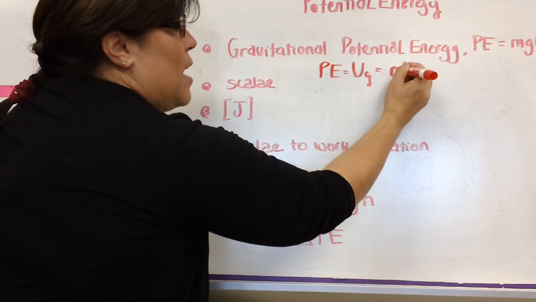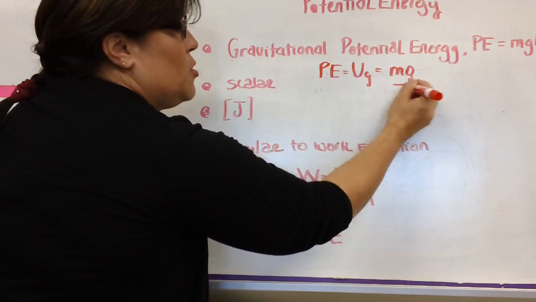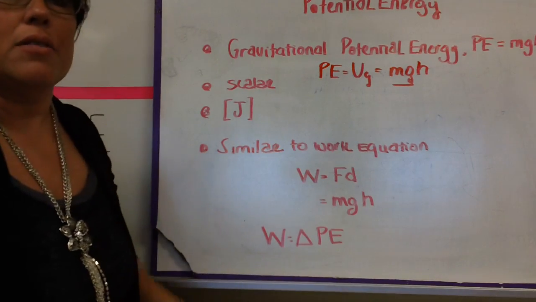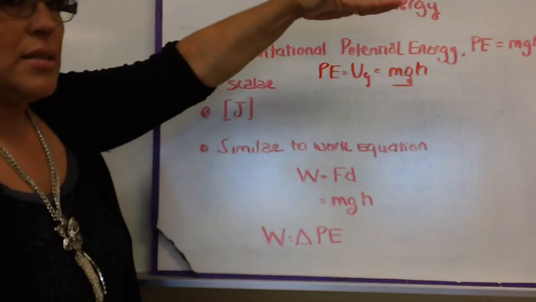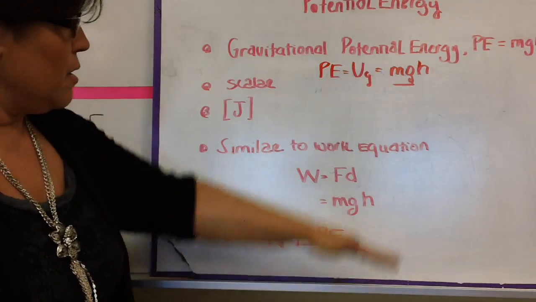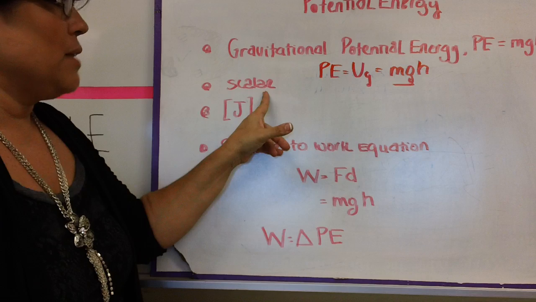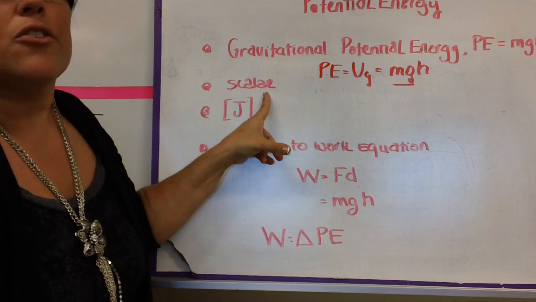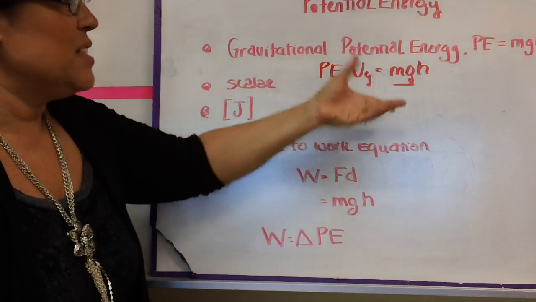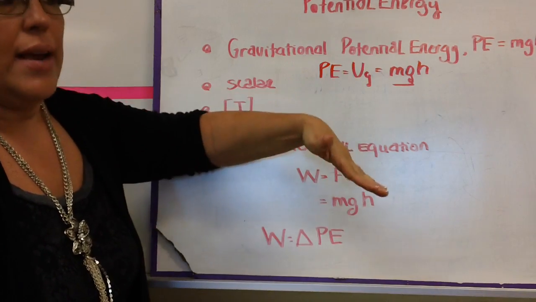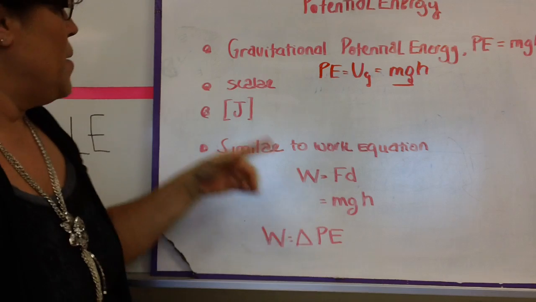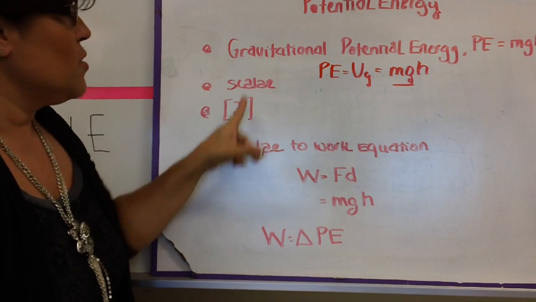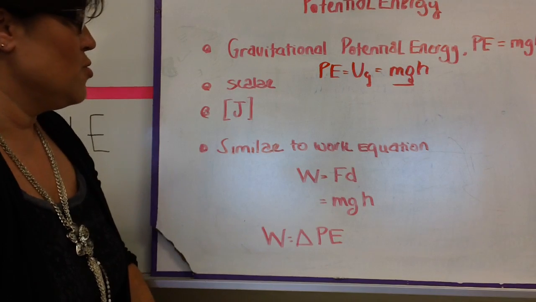It's the mass of the object times the gravity, which is really the force, times the height that it is from the ground. This also is a scalar quantity, meaning there's no direction to it, but you could have negative, which just means it's against the grain, kind of like we could have negative work. The units for energy is joules, so the units for gravitational potential energy is joules also.